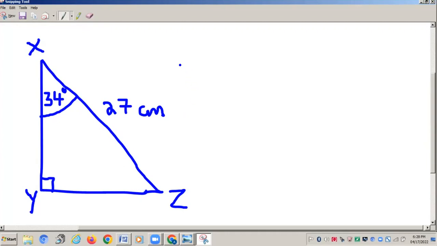The question says to find XY to 2 decimal places. That's the question.